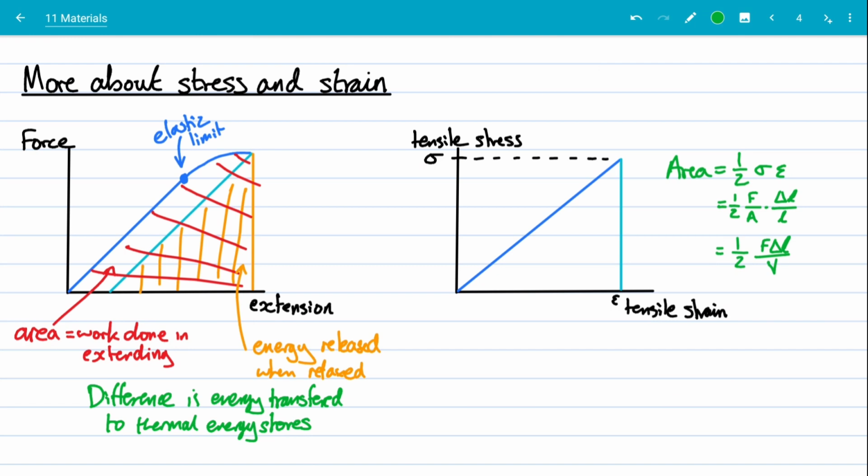So that's the energy stored in the spring divided by the volume. So the area is the energy stored, and I'm going to use the letter W for this, divided by the volume. It's a sort of volumetric energy density. So area equals volumetric energy density. And I'm not using E because we use E for Young's modulus.